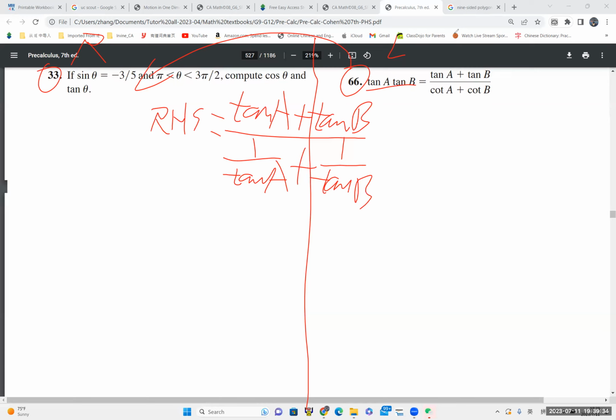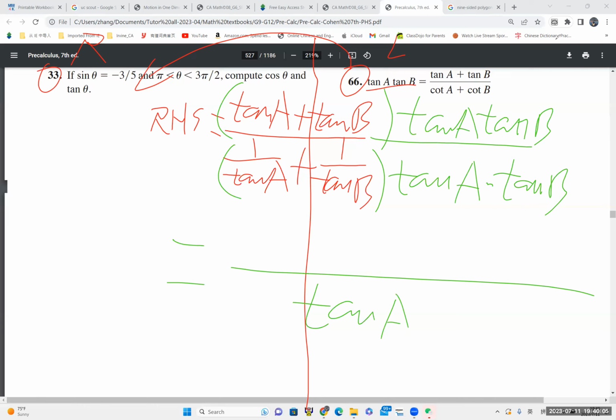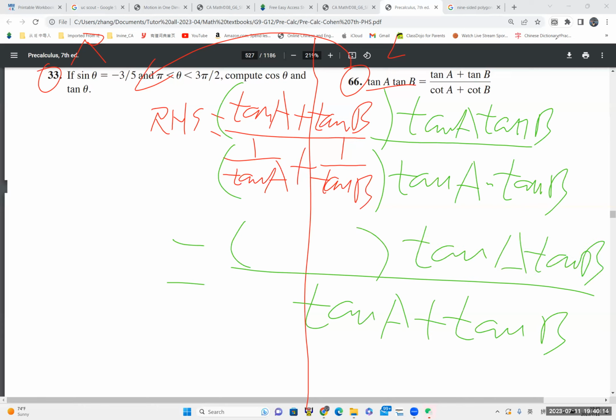Yeah, then in order to remove the denominator, we multiply both by tangent A tangent B. Then for the bottom, you just get tangent A plus tangent B. For the top, it's this, then tangent A tangent B. Then you just cancel this because they are the same, right?